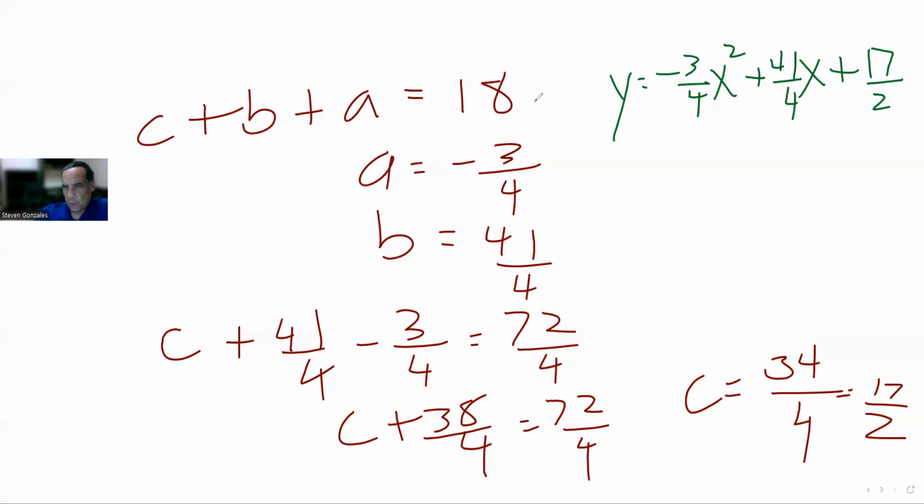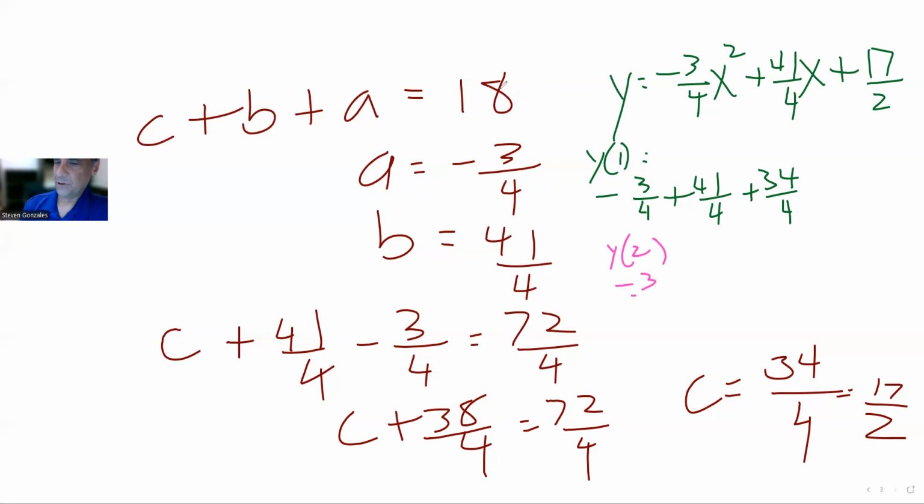I know if I plug in the 1, that's negative 3/4 plus 41/4 plus 34/4. And that would be 72/4, which is 18. So that's correct. And then I would do y of 2.